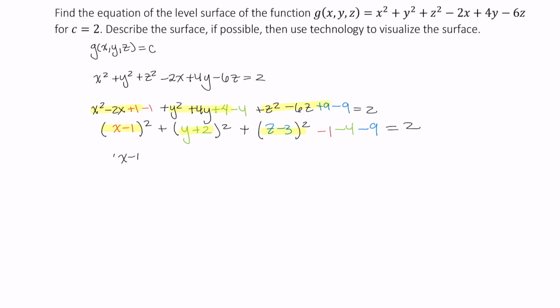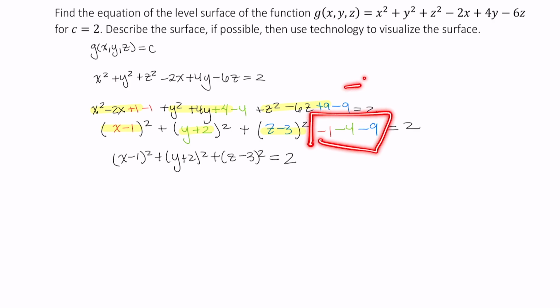So this is x minus 1 squared plus y plus 2 squared plus z minus 3 squared equals 2. And then we're going to add 14 to that since this is all negative 14. So we need to add 14 to both sides.